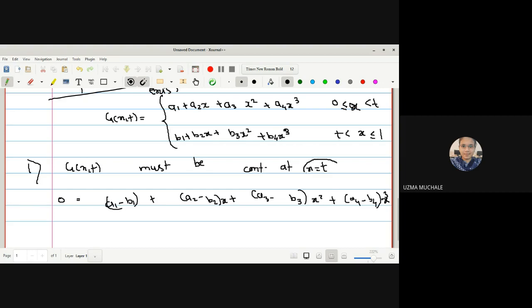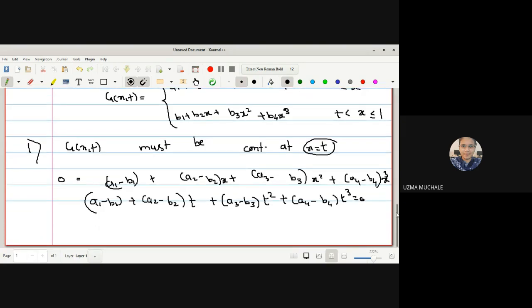As we are checking the continuity at x equal to t, we can write this equation as a1 minus b1 plus a2 minus b2 t plus a3 minus b3 t square plus a4 minus b4 t cube equal to 0.